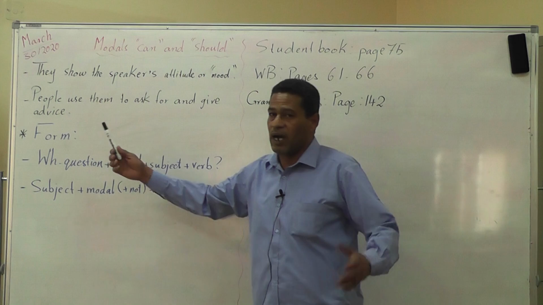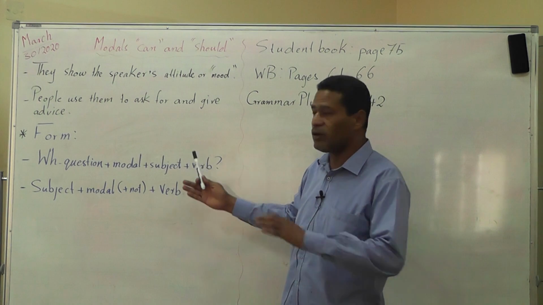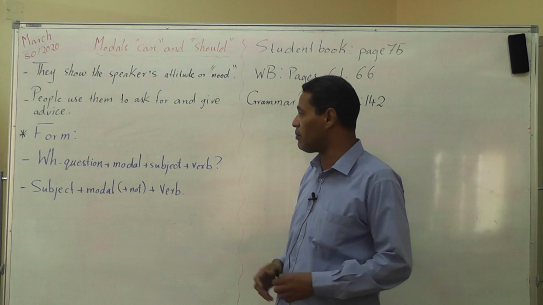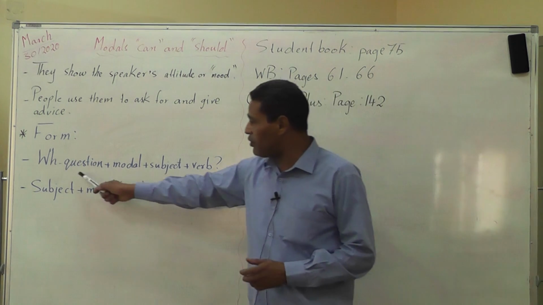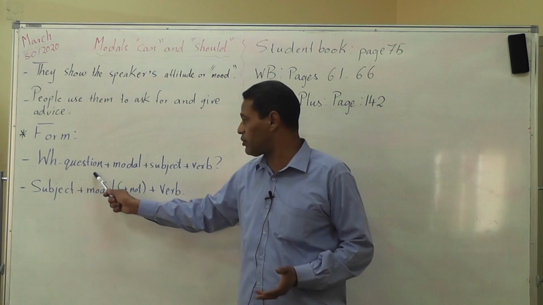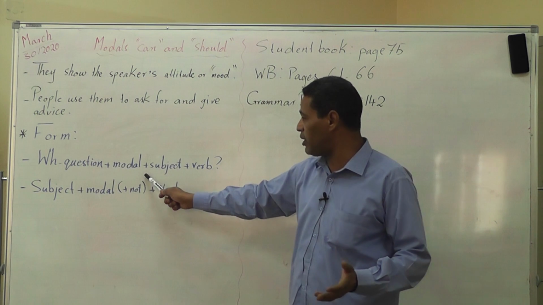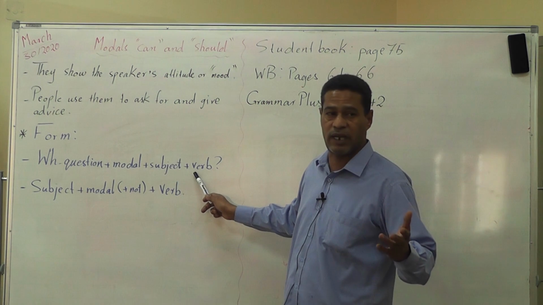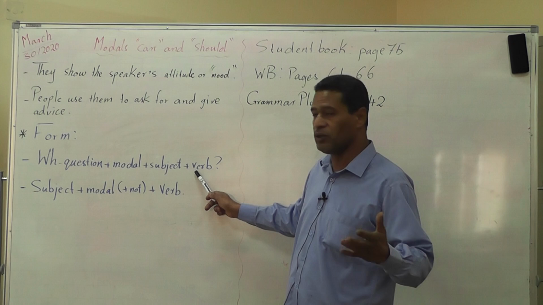So the form, how we form a question or a statement, either a negative or a positive statement. For the question, we start with the WH question word, then the modal, then the subject, then the verb. And the verb usually is verb 1, the root of the verb.